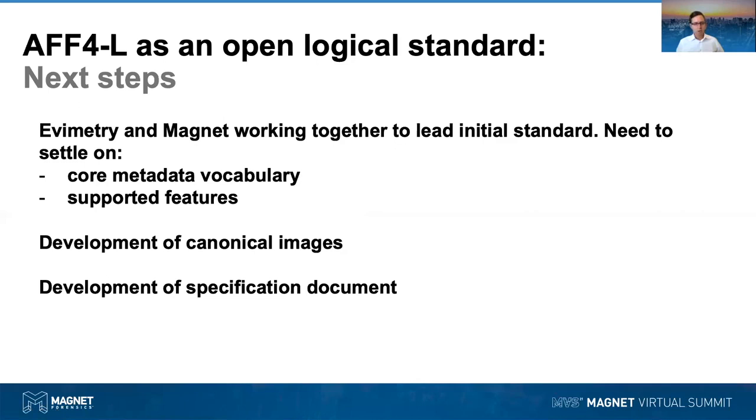We then need to, like we did with the physical image spec, develop some canonical images and develop an explanatory specification document. After that, we'll be in a very good position for third-party tool vendors to consume and produce AFF4L images and open up some new interoperability options in that space.